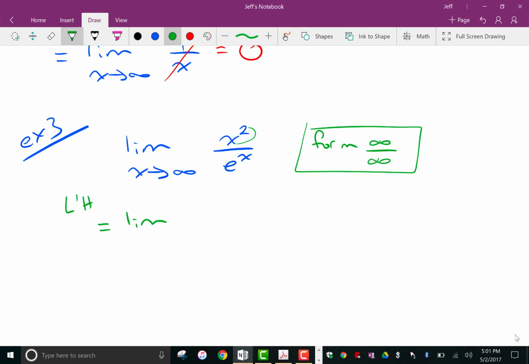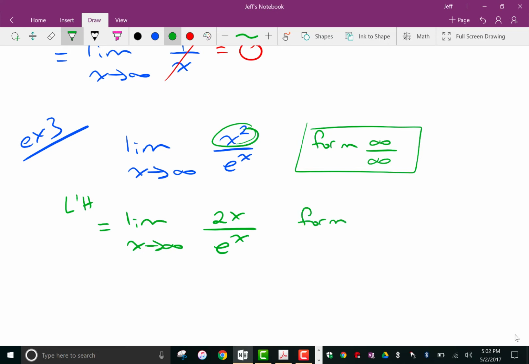So that will be equal to the limit as x approaches infinity of the derivative of the top, that's 2x, divided by the derivative of the bottom, the derivative of e to the x, is e to the x. Okay, well, let's see, what do I have? Let's look at the form again.